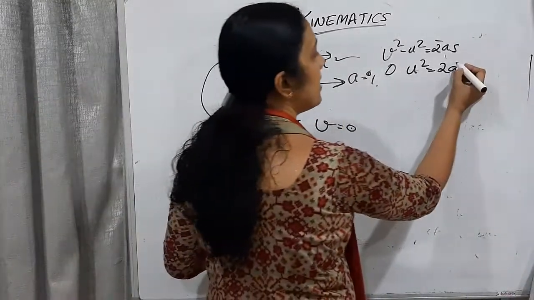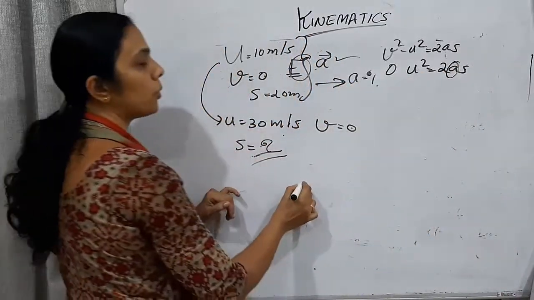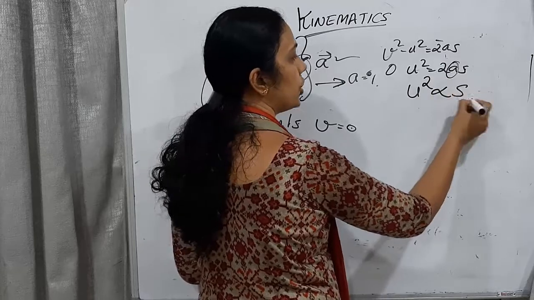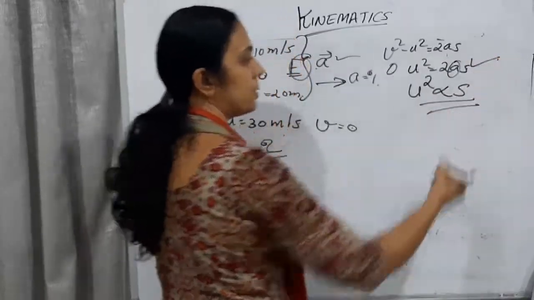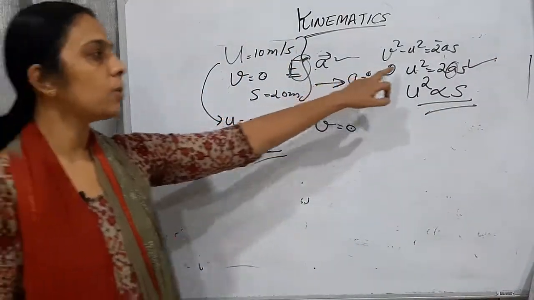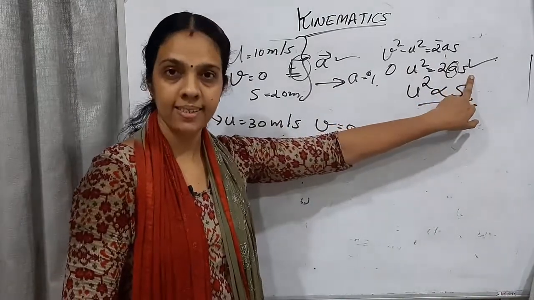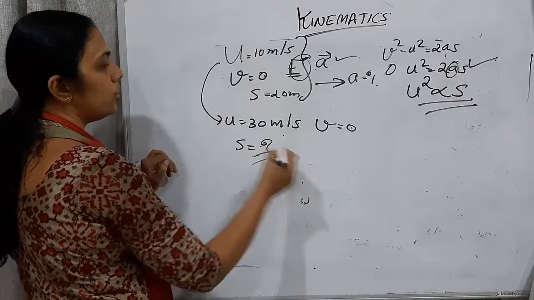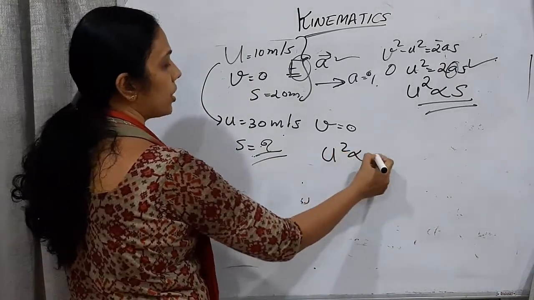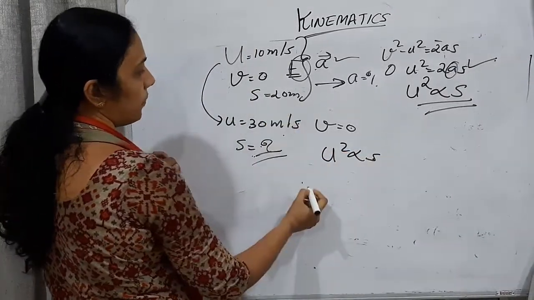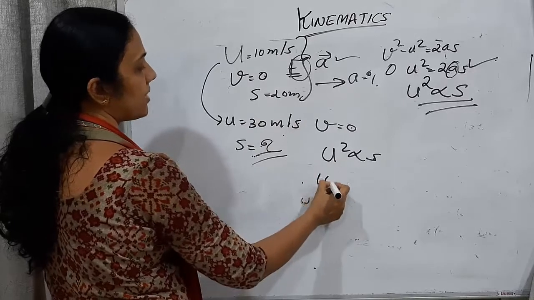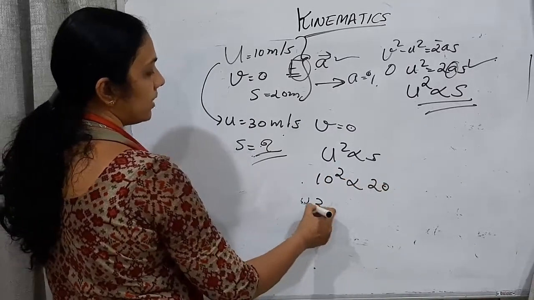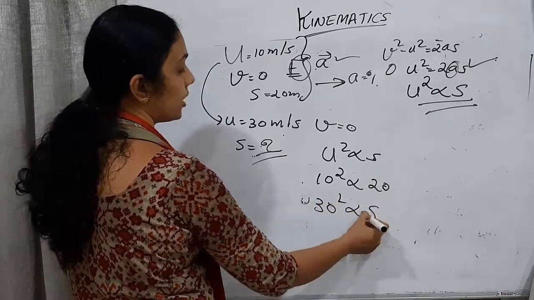So here, since acceleration is the same in both the cases, we can say that initial velocity squared is proportional to displacement. Okay, u square is proportional to s. So we can write 10 square is proportional to 20, and 30 square is proportional to s.